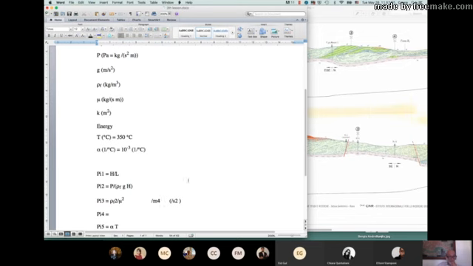Meter to the 4th. Then I have second square here. Okay, so I'm left with this. And I have density and I have viscosity. So what I need to do, for instance, is to cancel second square, I can use gravity. Meter square.